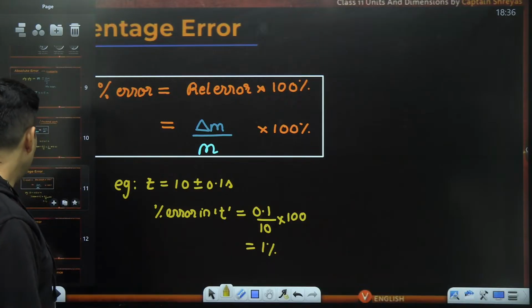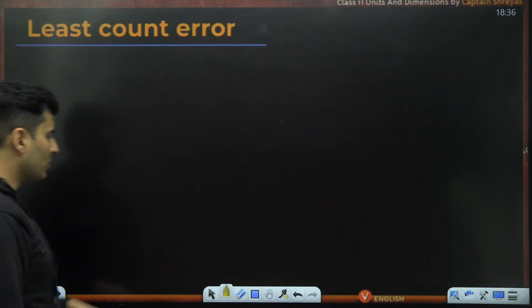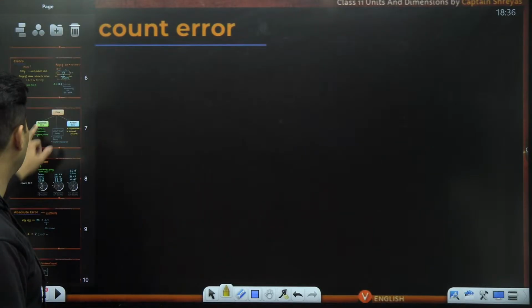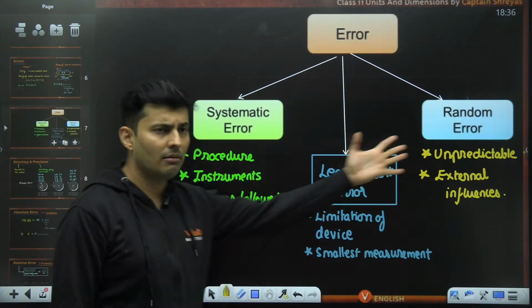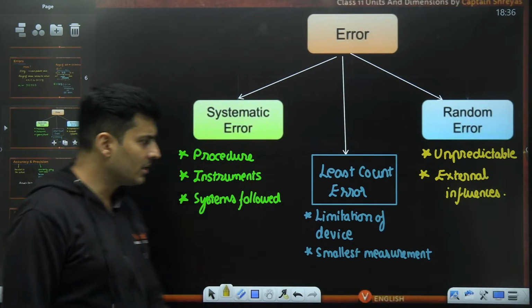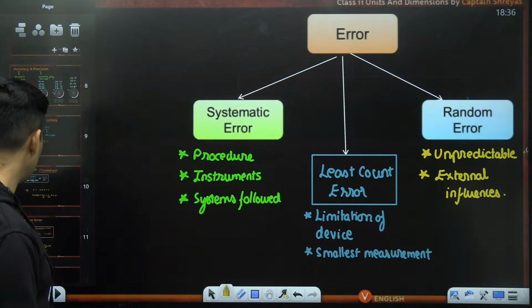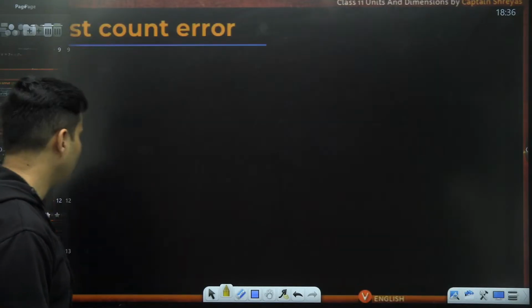All right. Now let's go to the least count error. If you remember, there were different types of error: systematic errors, random errors, and the least count errors. So least count error is because of the limitation of the device, or the smallest thing that you can measure.